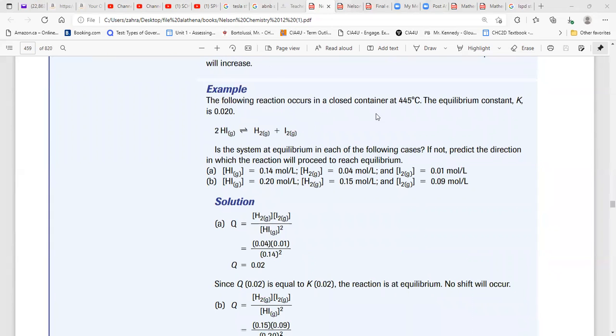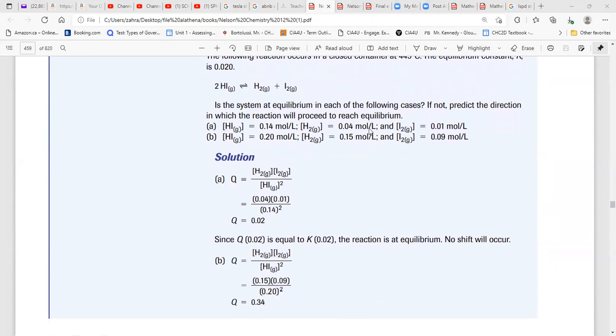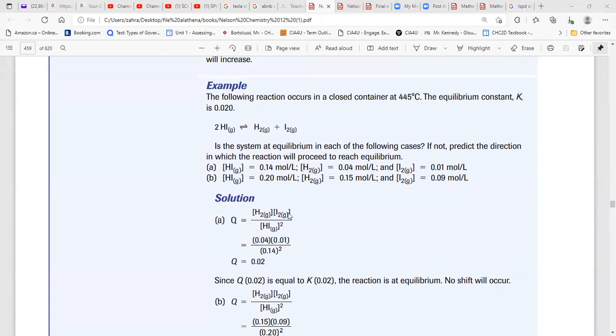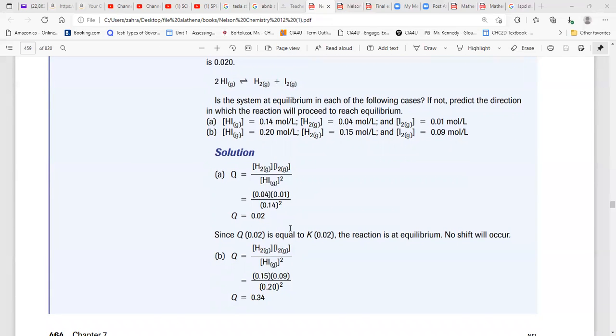The following reaction occurs in a closed container at 445 degrees Celsius. The K constant is given. Is the system at equilibrium? For part A, the concentration of each is given. Again, we establish Q and put the concentrations in. Comparing to K, which is 0.02, Q is exactly the same as K, so it's at equilibrium.